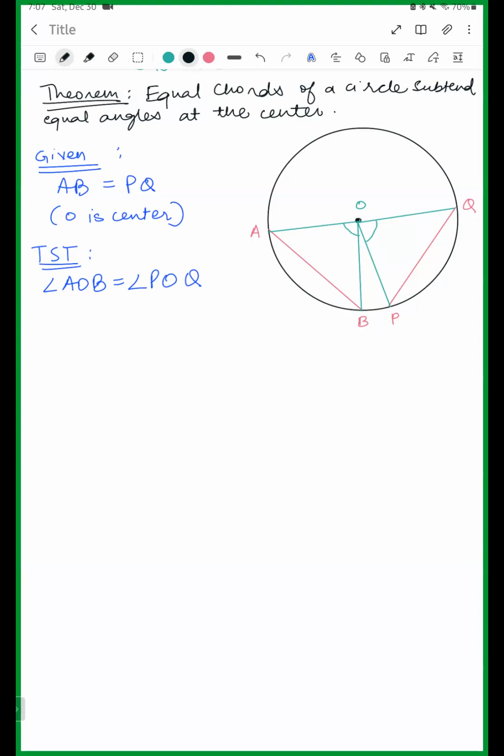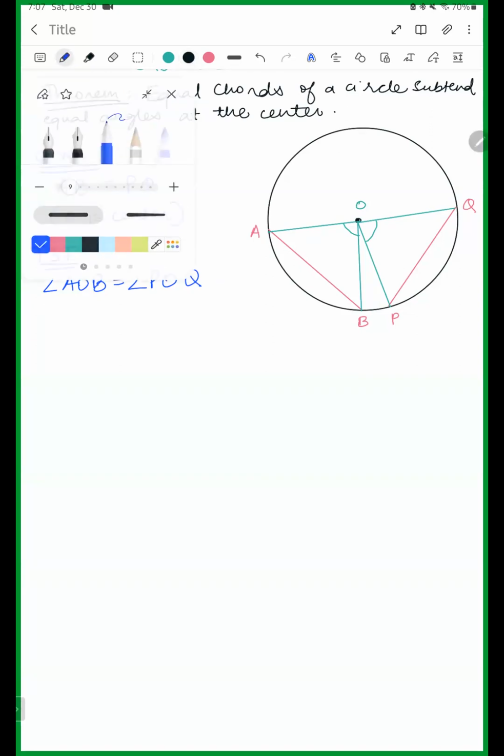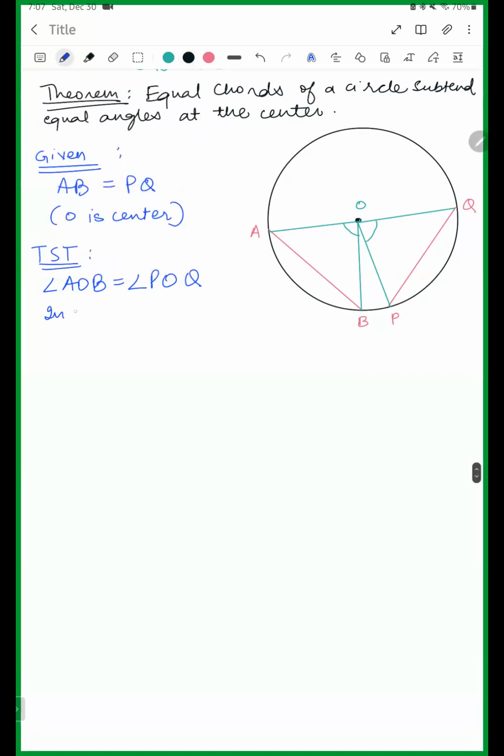So think about it. How do we prove these two triangles as congruent? You've already done the triangles chapter, right? So you know how to prove two triangles as congruent.